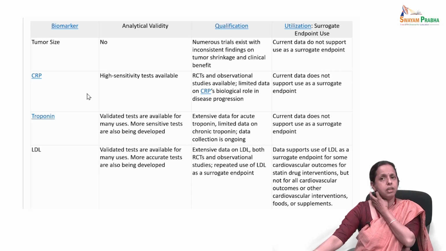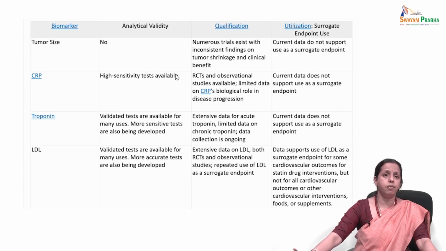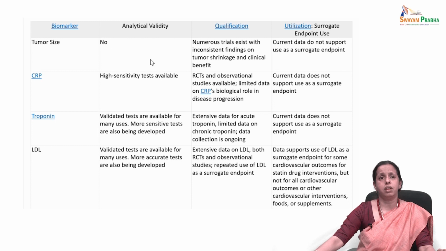Now, the different biomarkers here, I am talking very generally, and we will take them forward in detail in your next session. Here, take tumor size: does it have analytical validity?